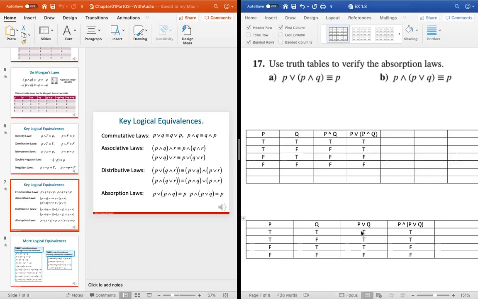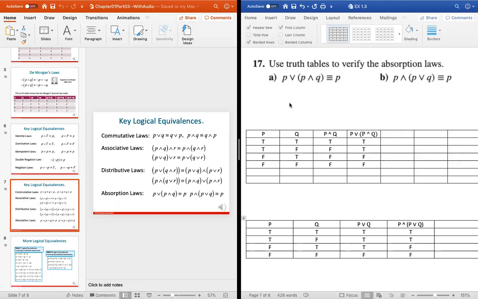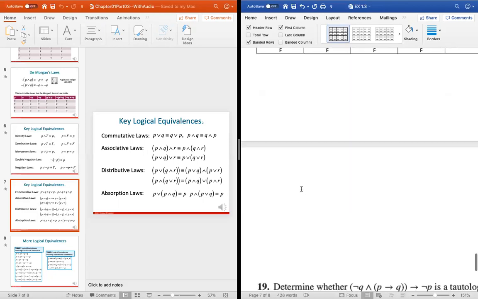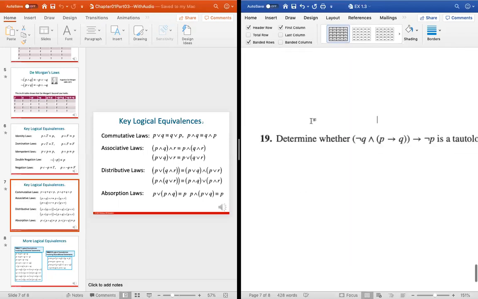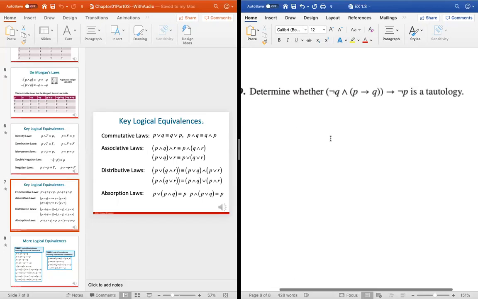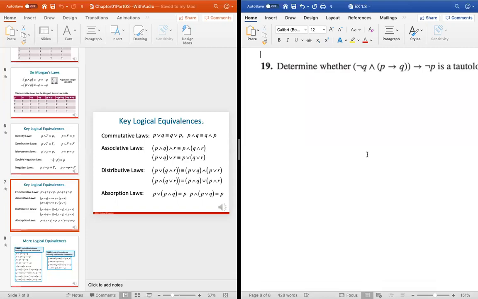Questions? Okay. If no questions, let's move to another question. It's going to be question number 19. Here we are asked to determine if this is a tautology or not.